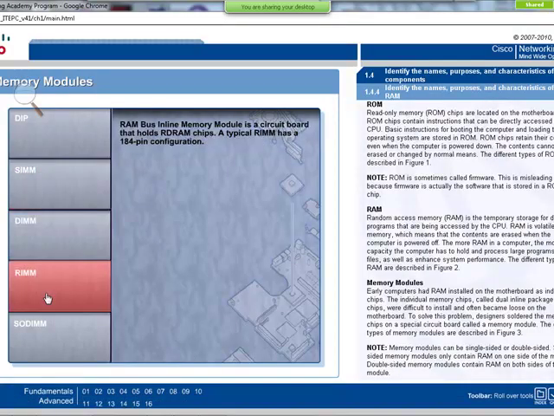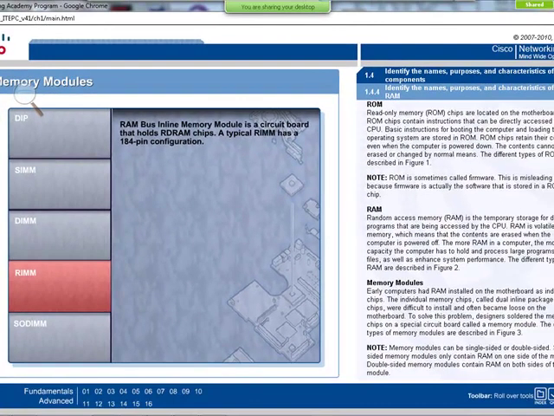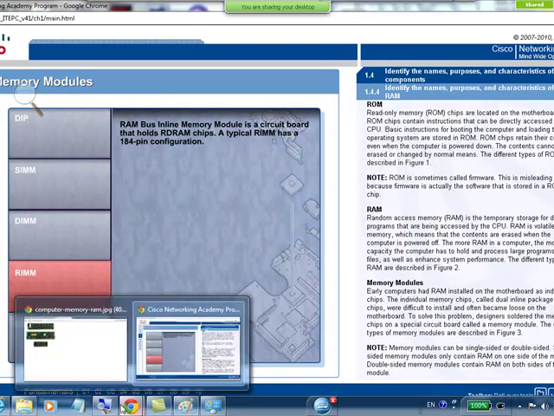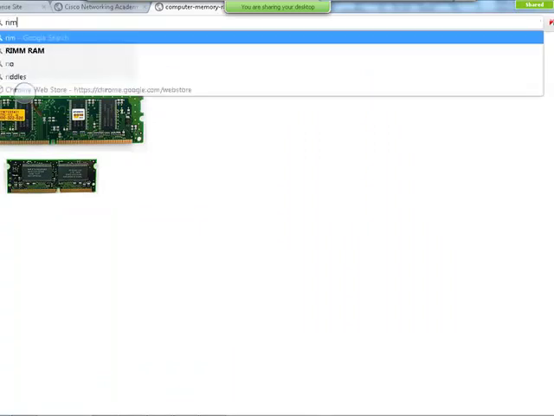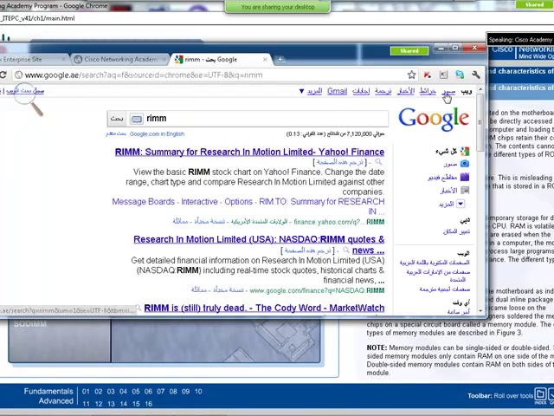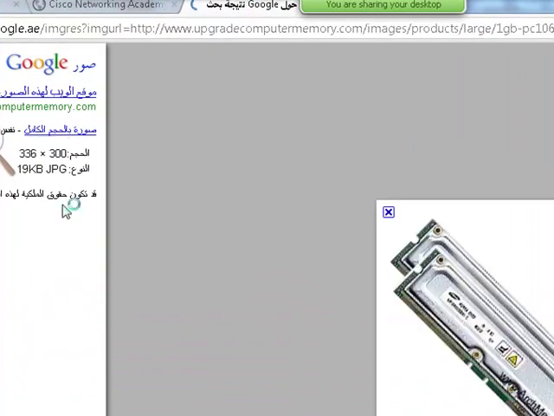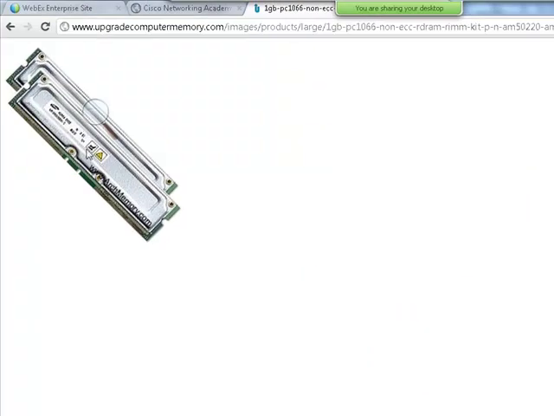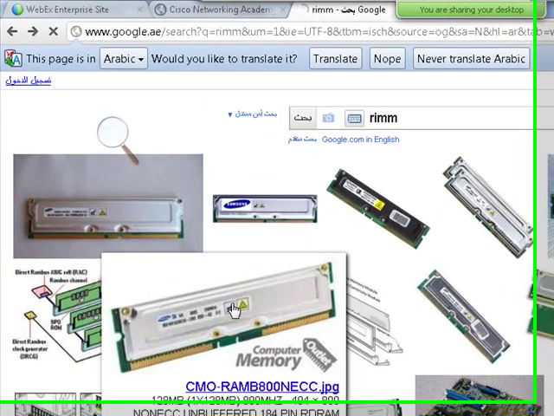Now the RDRAM, it's just like the SIMM. The only difference is that when they introduced Pentium 4, they introduced a new memory with it, which was the RDRAM. RDRAM was mainly manufactured by Samsung. The only difference, it was pretty expensive. It was good memory, but used to produce a lot of heat. You see over here, it used to have a protector, or not protector, a cooler.